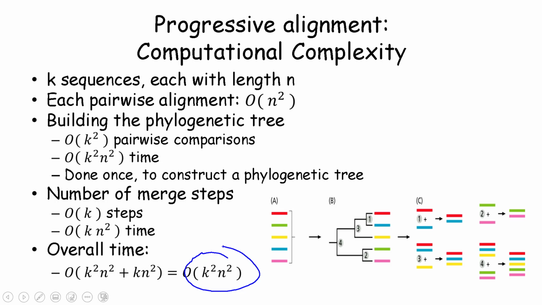When you increase k to 10 sequences, you need to spend only 10 hours if you apply the progressive alignment, compared to 1 million years you had to spend for the full dynamic programming algorithm.